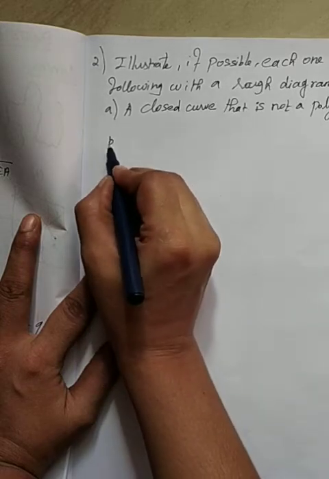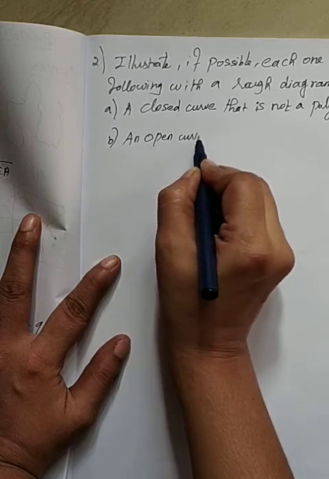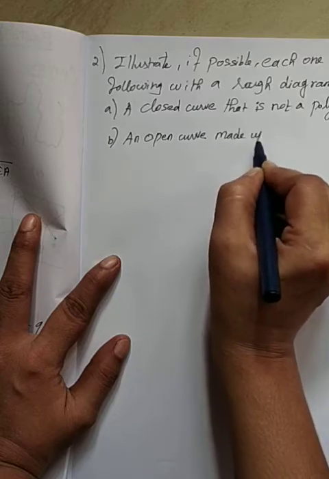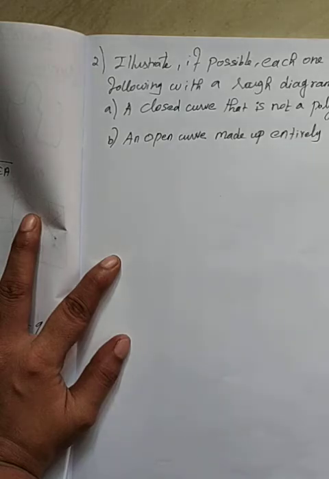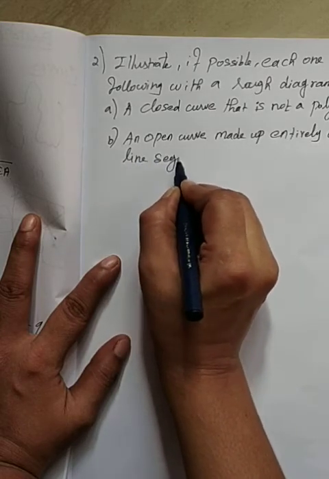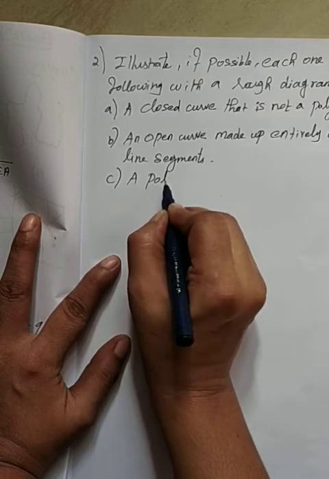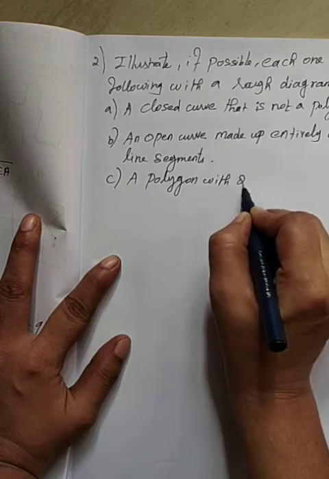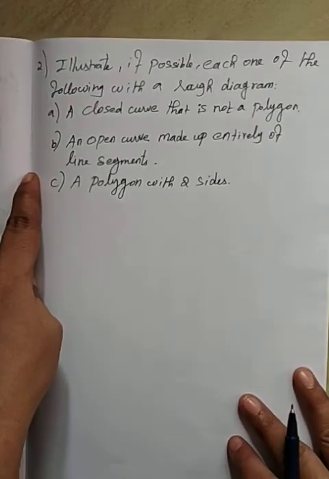The second one, an open curve made up entirely of line segments. The third one, a polygon with two sides.